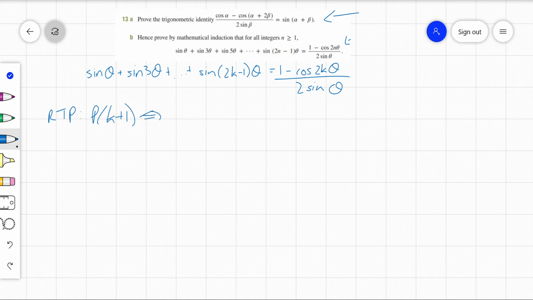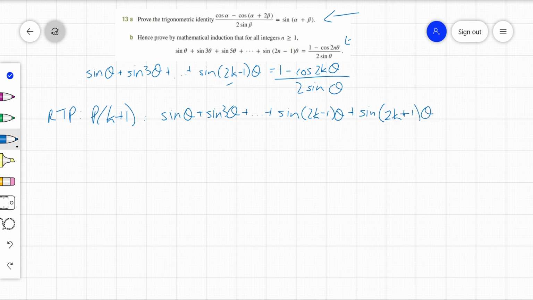All right, I don't know why I'm writing that, it's so messy, sorry. So if I write that sine theta plus sine 3 theta, all of these ones, all the way up to that one, and then we're going to add on another one. So we've also got, if you think of putting k plus 1 in here, we will get the 2k, and we'll also get a plus 2 minus 1, so it's a plus 1 theta.